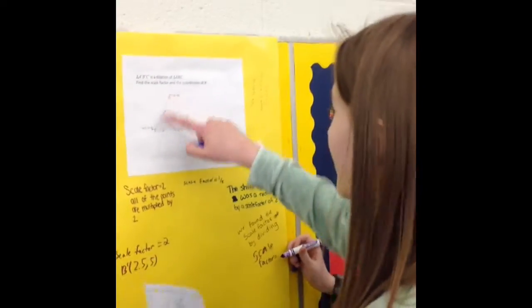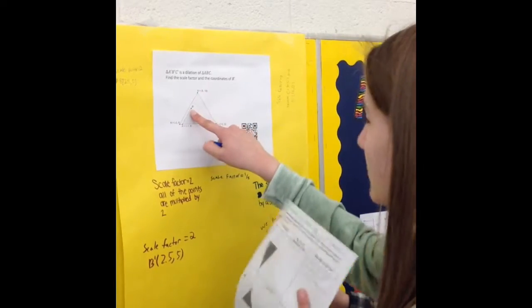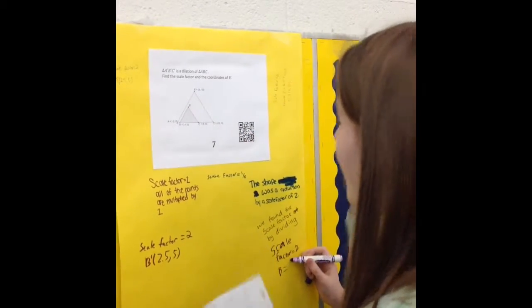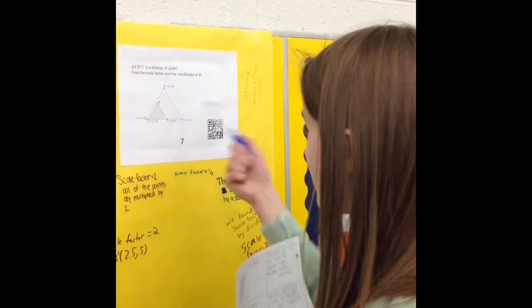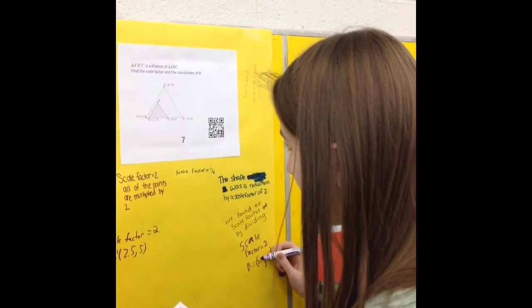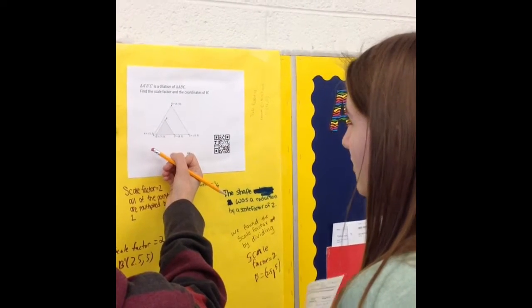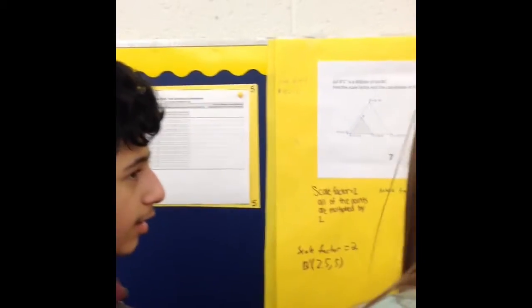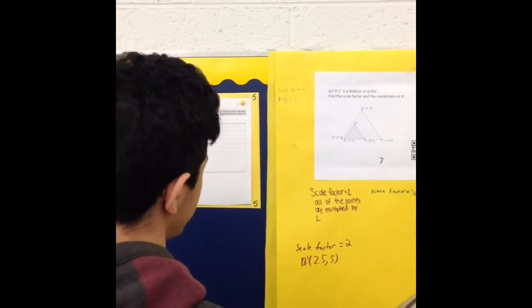I found b prime by dividing 5 by 2, which would be 2.5. I found the scale factor by dividing 12 by 6, which would be the scale factor 2. But you're dividing all of them by different numbers. What is 1/2 for you? Yeah, I understand, like, how do you find the half, 1/2?